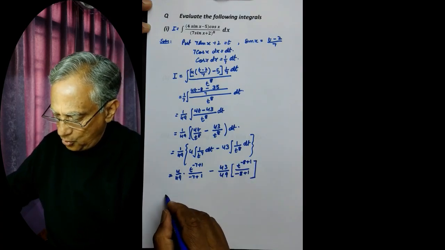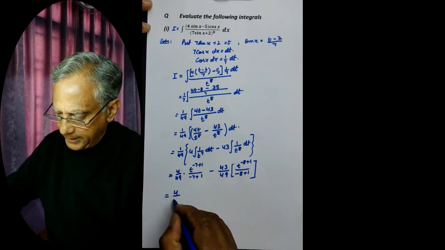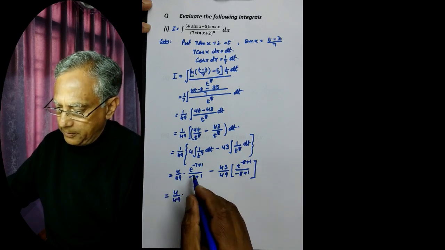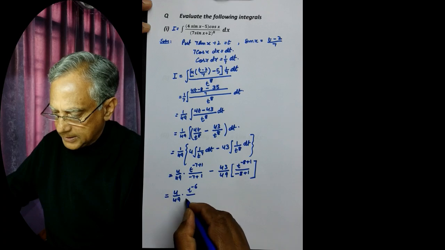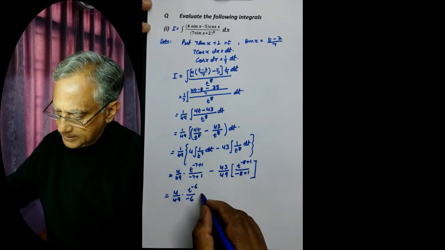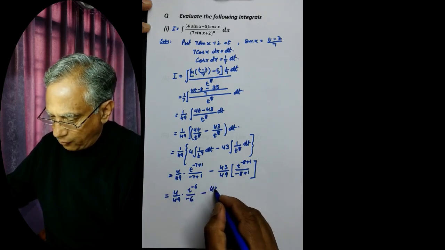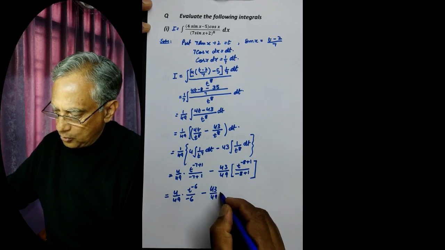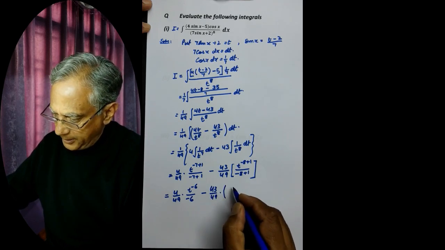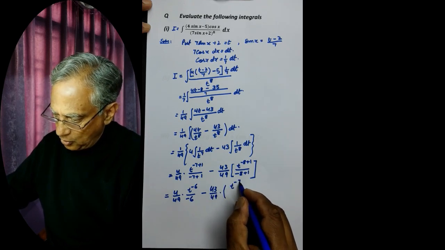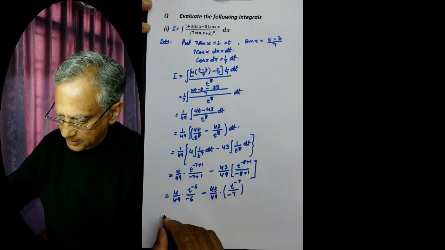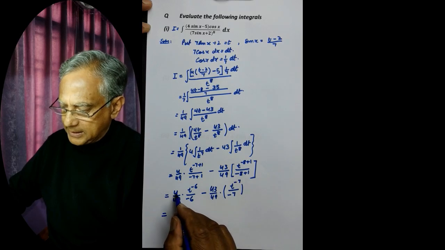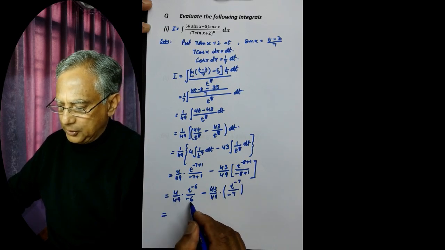And this is equal to 4 by 49 into t to the power of minus 6 over minus 6, minus 43 by 49 into t to the power of minus 7 over minus 7. So now this cancels and we have 2 by 3.